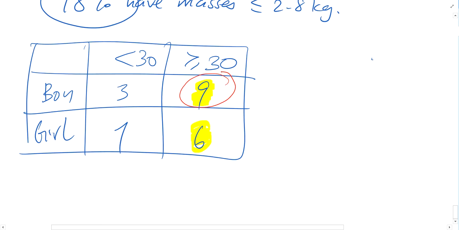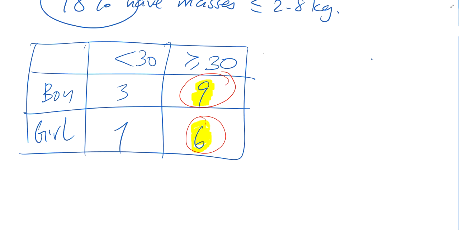So the other woman must have which number related to her? Which number is assigned to the other woman? 6. Over here. First woman, there are 9 such women for the first case. 30 and above have a boy. There are 6 women who are 30 and above and have a girl. Okay, this is the first case. I require these 2. So I'll multiply them together.